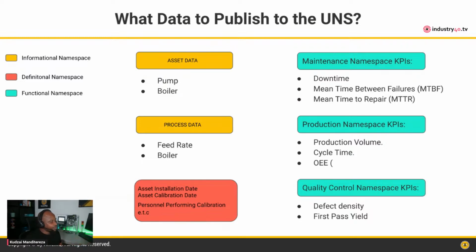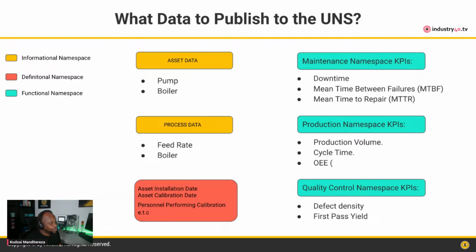So for example, if we're talking about informational namespace, basically here we're talking about the actual information of what's the current feed rate and what is the status of the boiler and so on and so forth. And then we've got a definitional namespace.